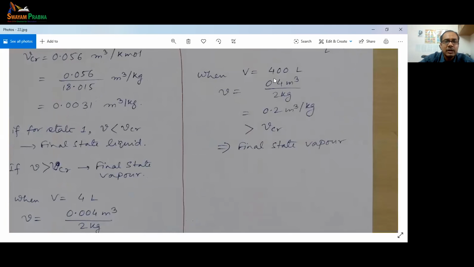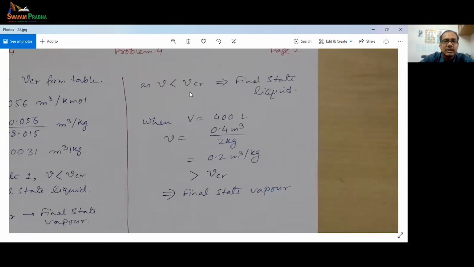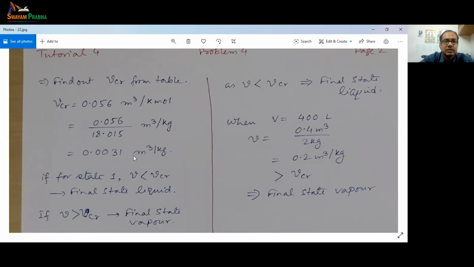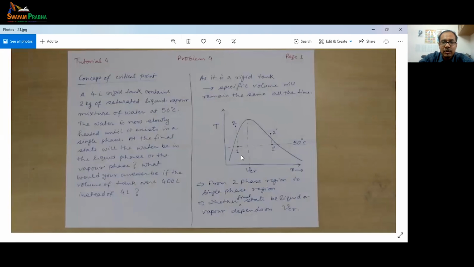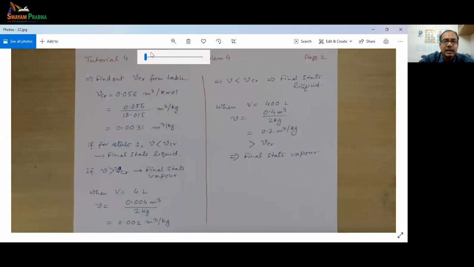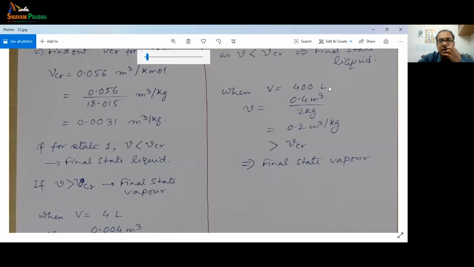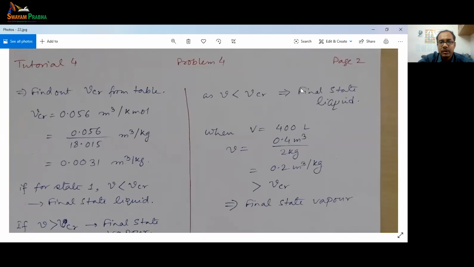This 0.002 is less than what we have just found, 0.0031, right? So if the tank volume is 4 liter, you are in this region. Let me show that again to make sure you understand. We are on the left hand side of this VCR for the 4 liter tank. That is why the final state will be the liquid state.